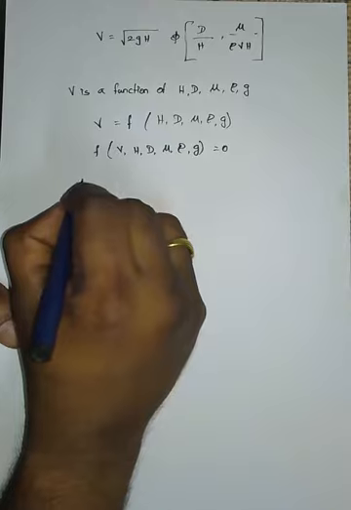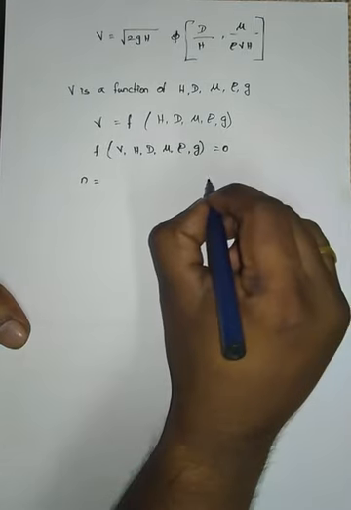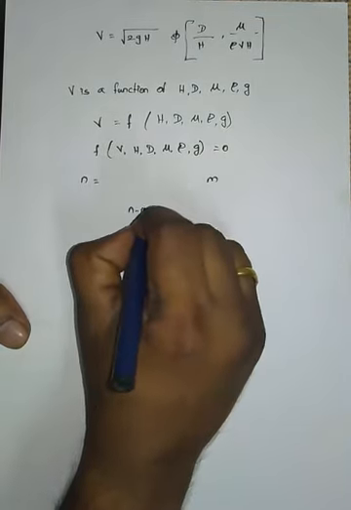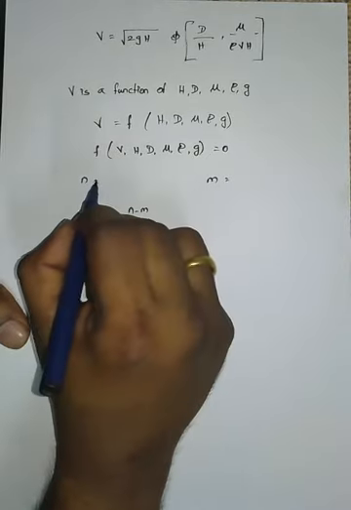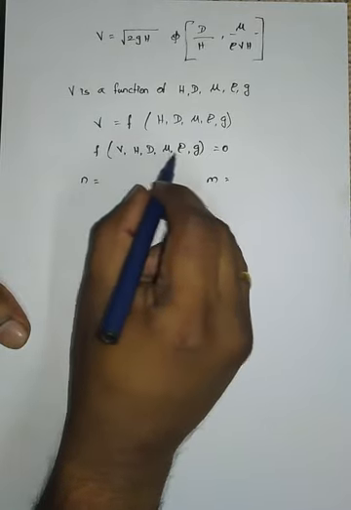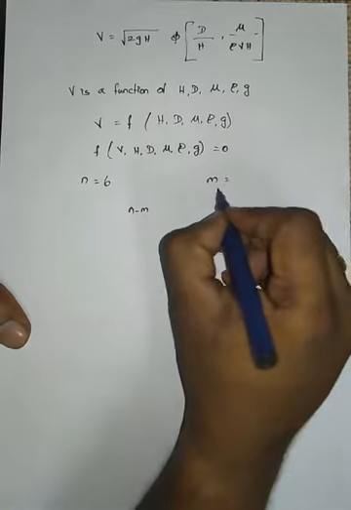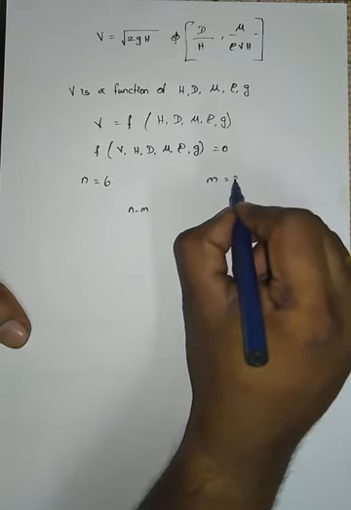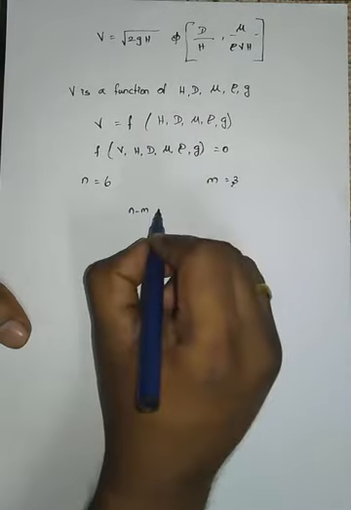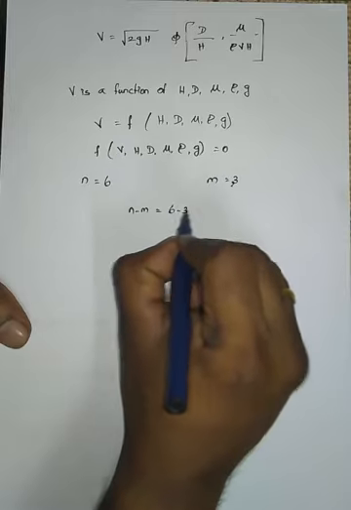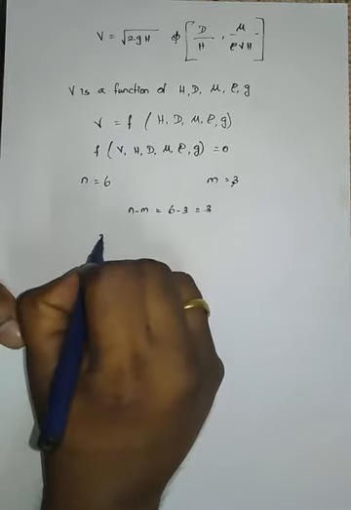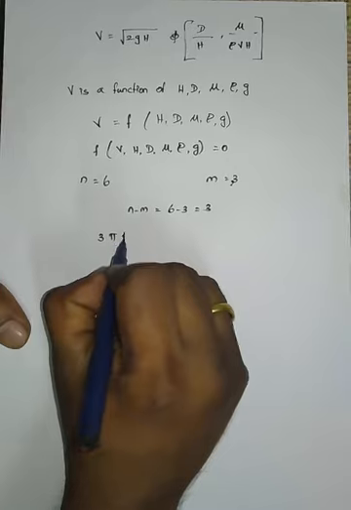Now you have to find out the value of n minus m. The number of variables are 1, 2, 3, 4, 5, 6. The number of fundamental variables, in most of the cases, is 3. So n minus m equal to 6 minus 3 equal to 3. So there are 3 pi terms.